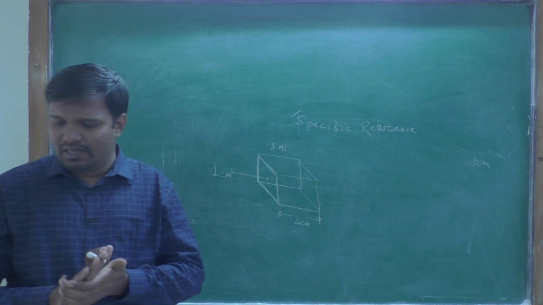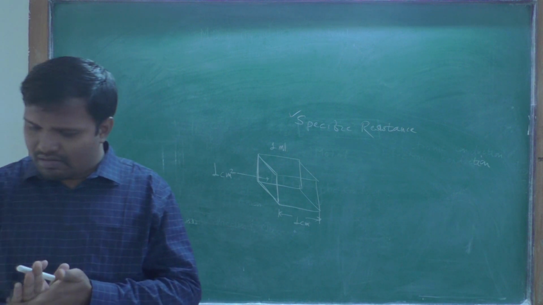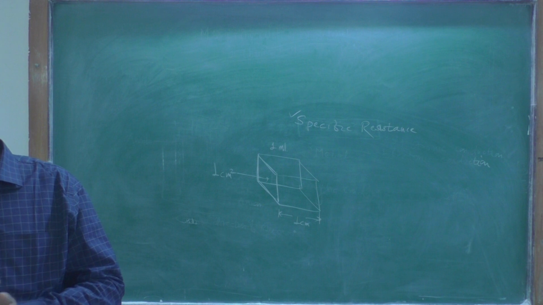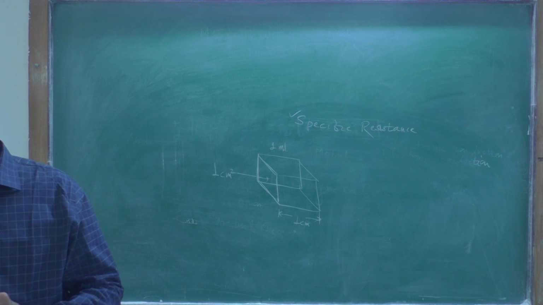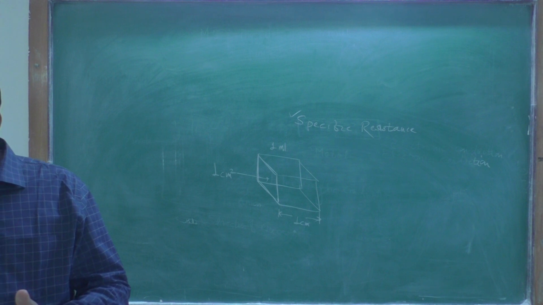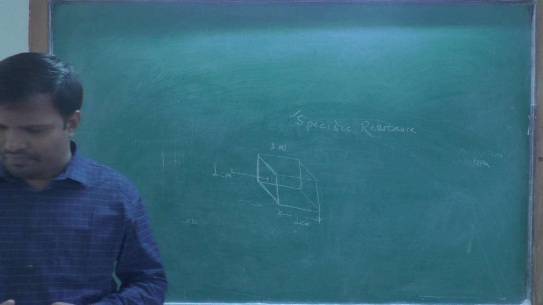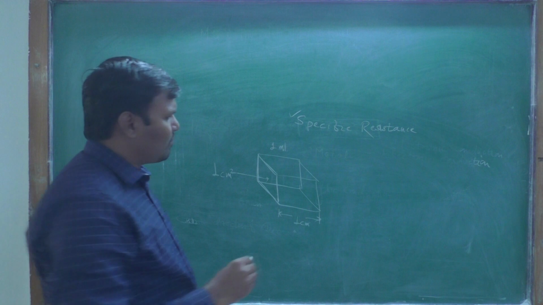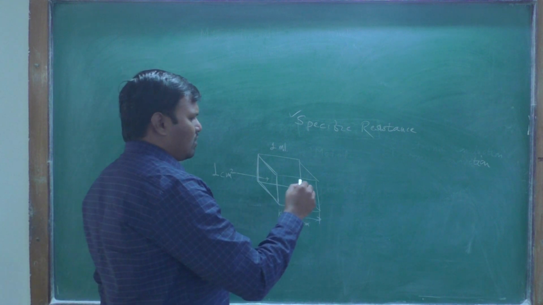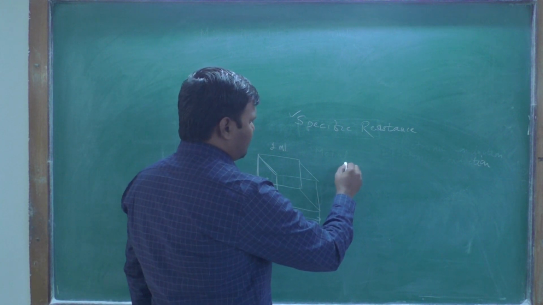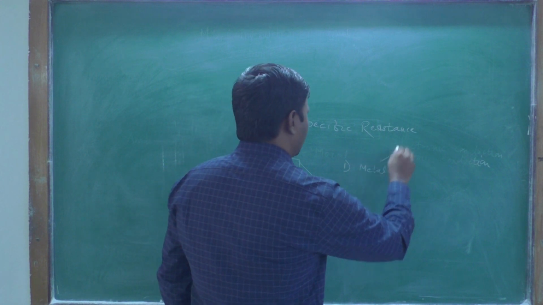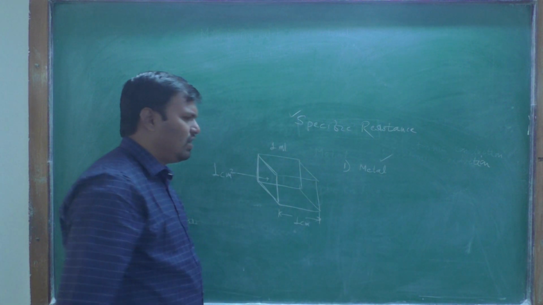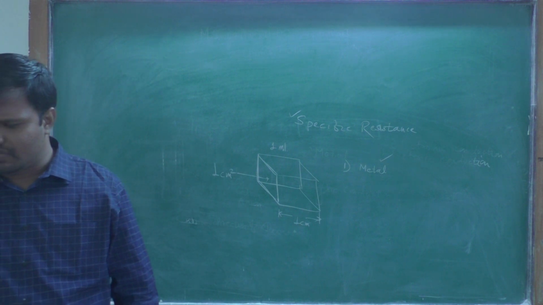We will discuss where the specific conductance is more, or where it is low. For metal, we will try to find out where specific resistance is higher.